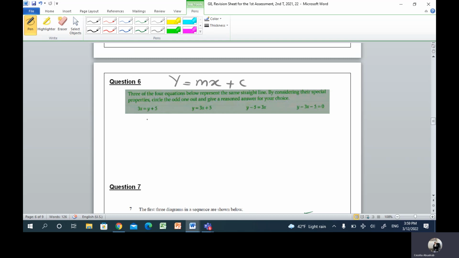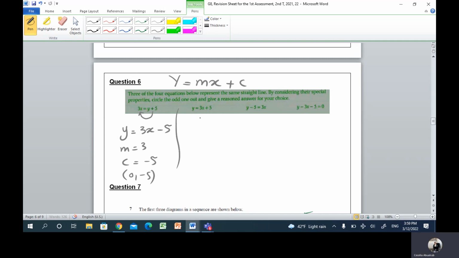For this one, we're going to make y the subject. If we transfer the plus 5 to the other side of the equal sign, the final form will be y equals 3x minus 5, which means m for this line is 3 and c is negative 5. So the y-intercept is (0, negative 5).